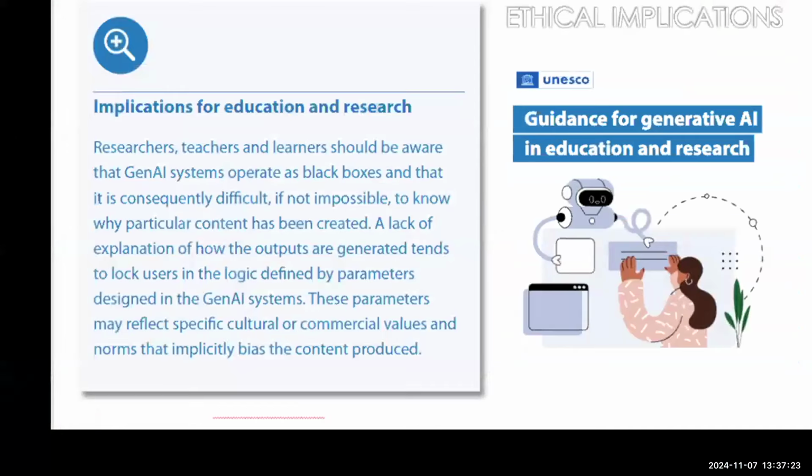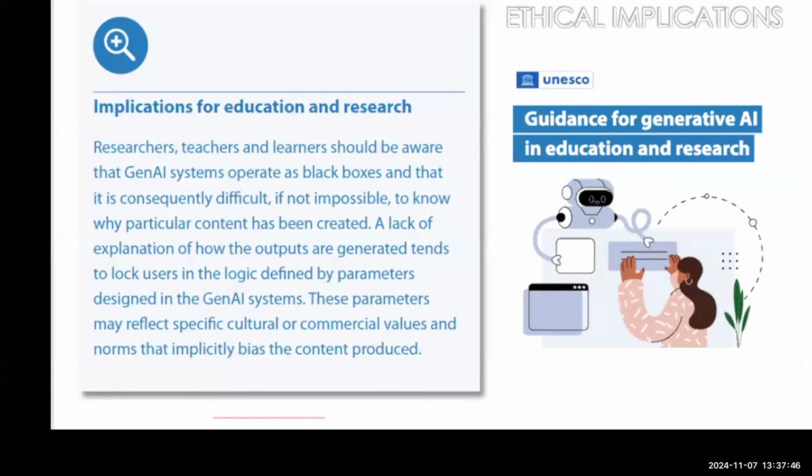I like how UNESCO actually gives us that push to understand further. It says here, researchers, teachers, learners should be aware that generative AI systems operate as black boxes, and that it is consequently difficult, if not impossible, to know why particular content has been created.